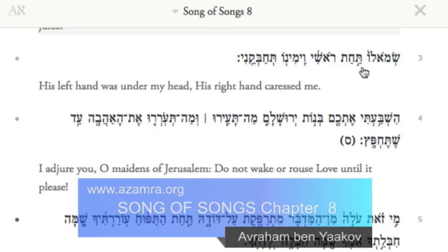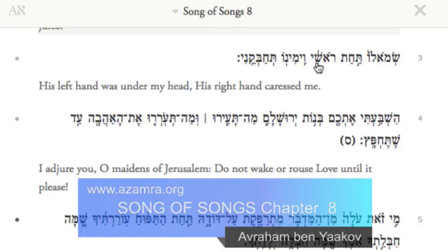And tachas roshi, it's under the head. There is, as we know, an intimate connection between the batim, the capsules of the tefillin on the head, and those of the arm, and the smol is under the head. The tefillin of the arm is crowned over by the tefillin of the head.